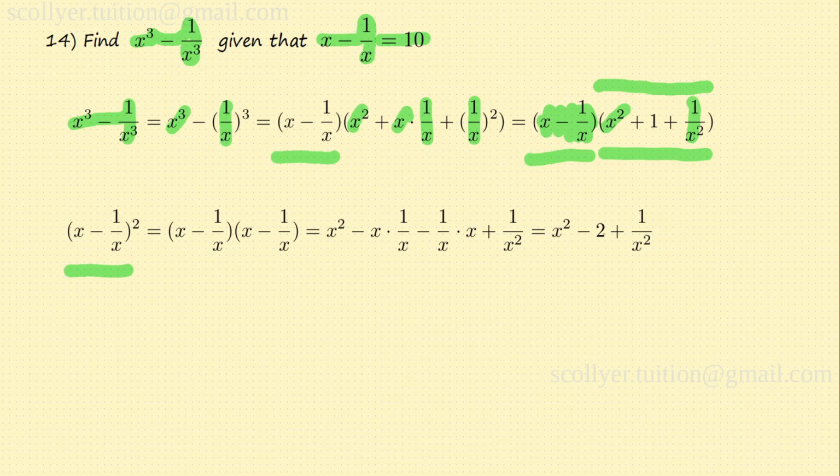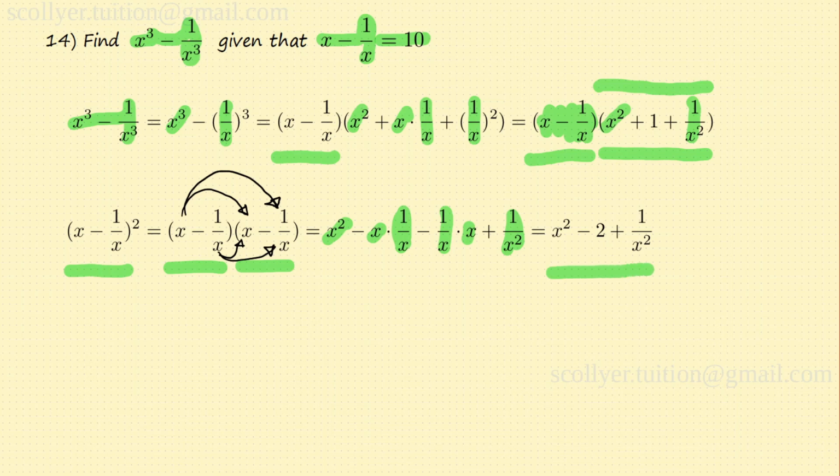So if we expand it as (x minus 1 over x) times (x minus 1 over x), we get x squared minus x times 1 over x minus 1 over x times x plus (1 over x) all squared, as you can see if we look at the grid expansion. Now this simplifies to x squared minus 2 plus 1 over x squared.